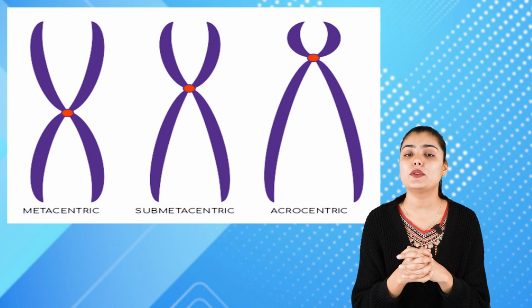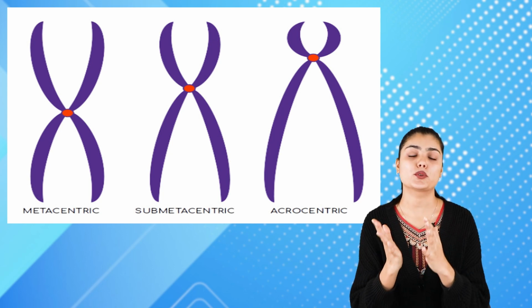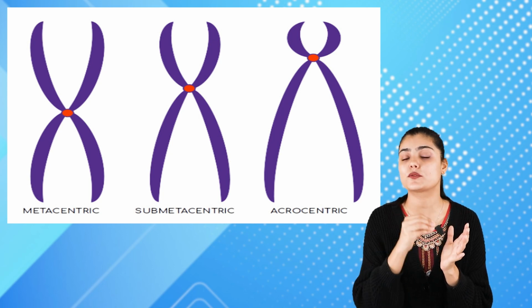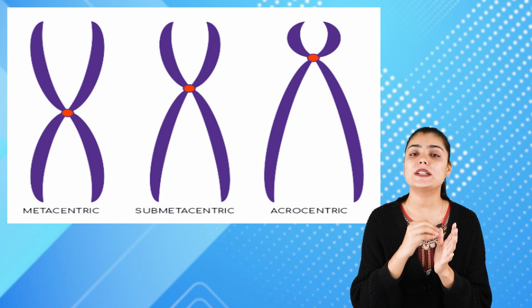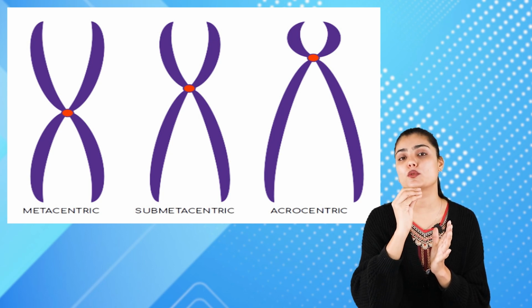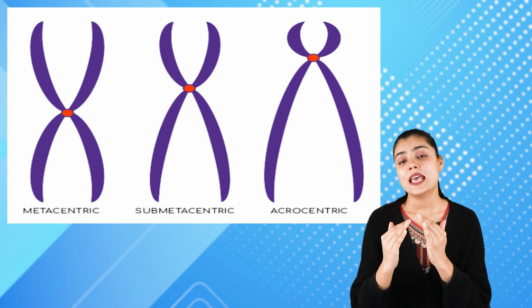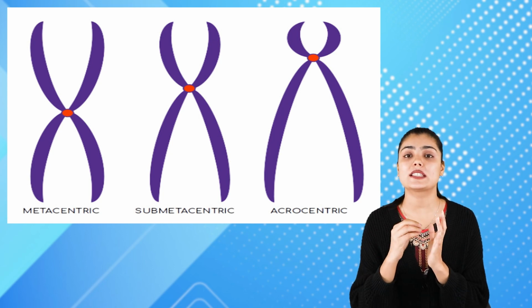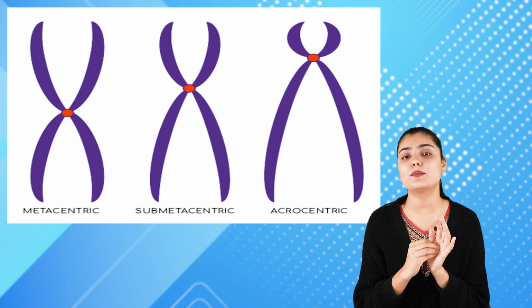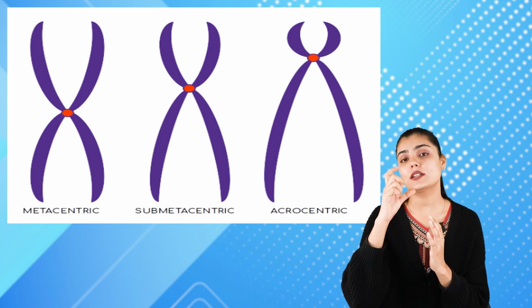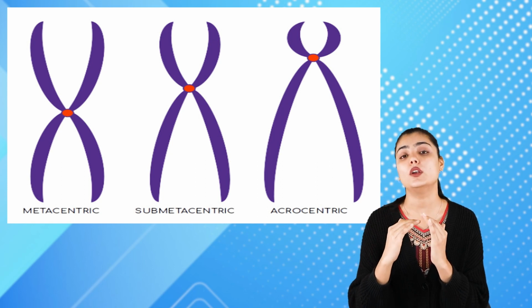Now here on the screen, you can see three different types of chromosome. The first type is a metacentric chromosome wherein the centromere is present exactly in between, dividing the upper and lower arms, that is the P and Q arms, into two equal halves. The second one is submetacentric, wherein the centromere is not exactly in between but slightly upward, dividing the chromosome into a shorter upper half and a longer lower half.